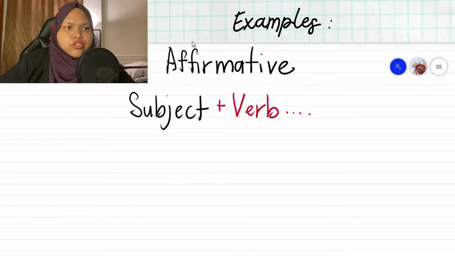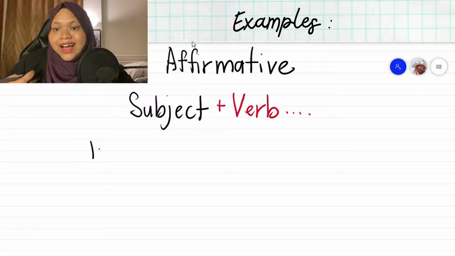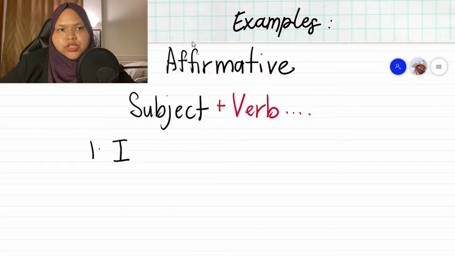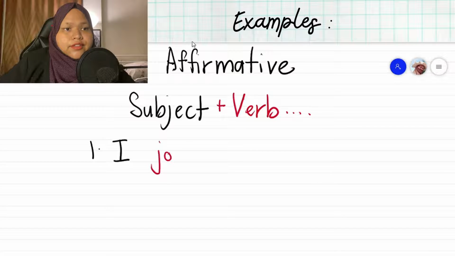Okay, example number 1, contoh yang pertama. Okay, I'm going to choose the subject myself, I. Okay, so I, verb that I want to use is jogging. Okay, so I jog, verb.